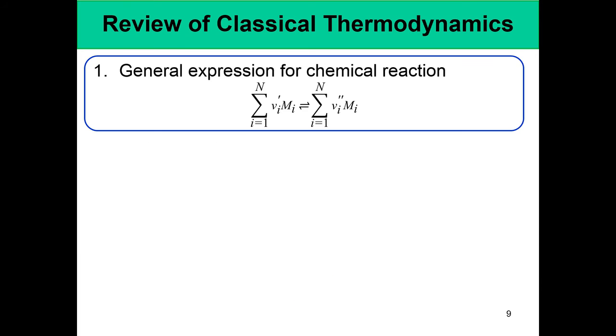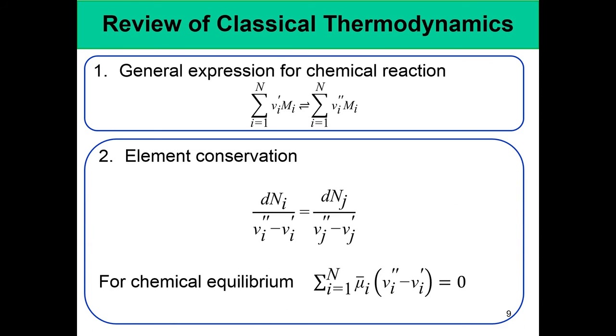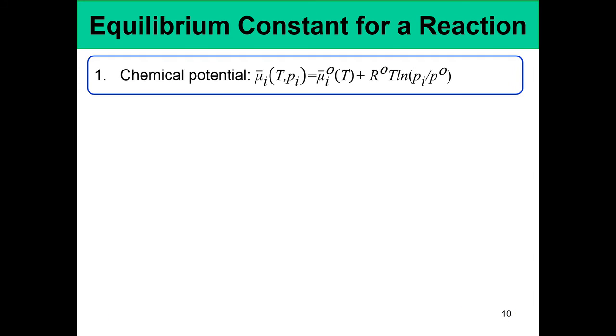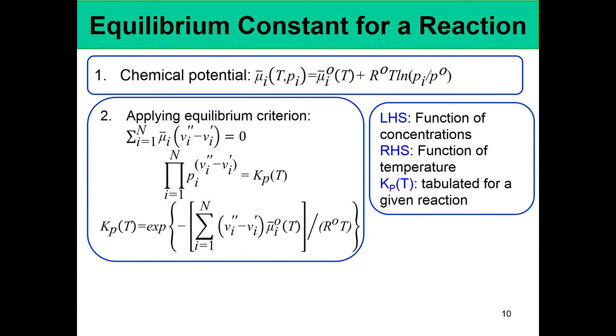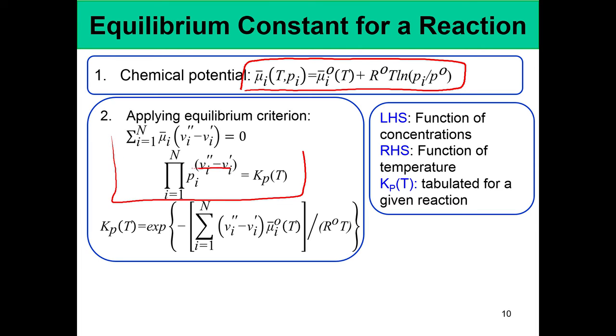So, we have obtained the general expression for chemical reaction, and by applying element conservation, we have obtained the criteria for chemical equilibrium to be this, and we have derived that the chemical potential should be in this manner, whereas P0 is 1, and then we have obtained the equilibrium constant Kp, which is given by this. So, this is what we have obtained, and the final expression for Kp as given here is this one.